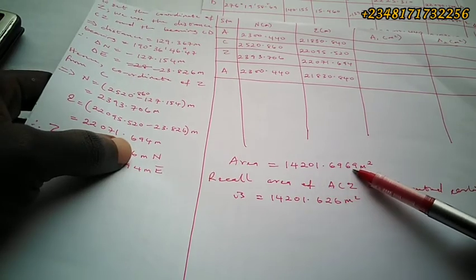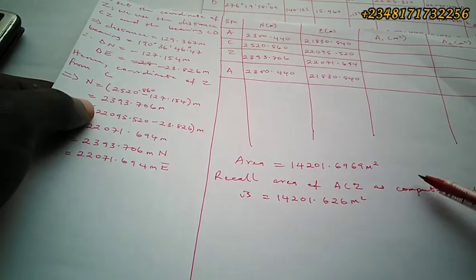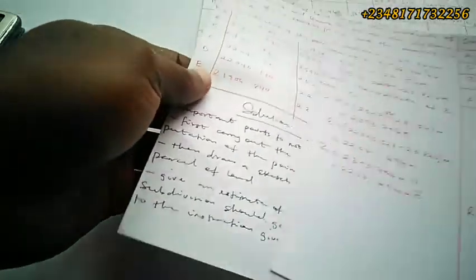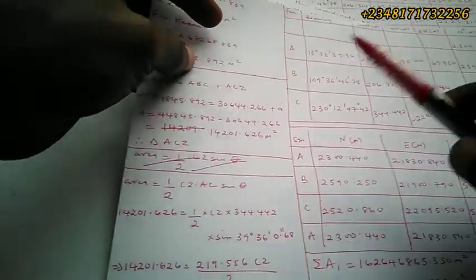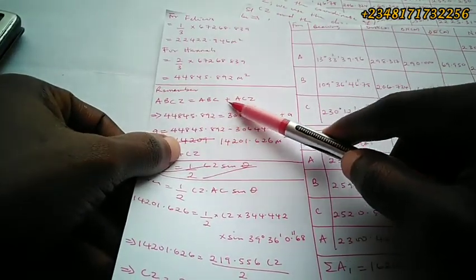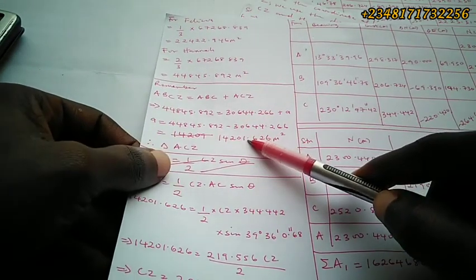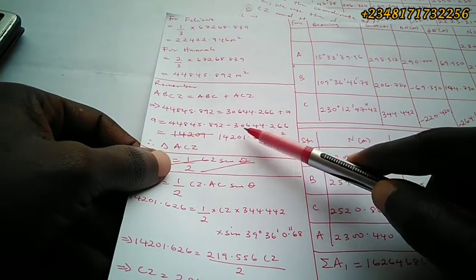14201.6969. Recall that the area of ACZ, we've computed earlier by subtracting it from the full one. Remember, we said ABCZ is equal to ABC plus ACZ, and this is this ACZ. So we've computed that the area is 14201.626.